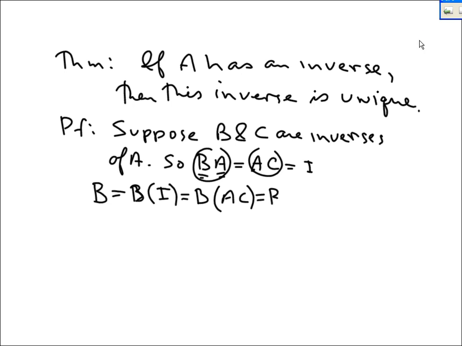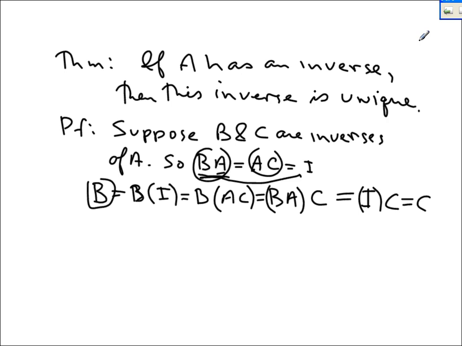This is equal to BA times the matrix C. But you know what? BA is identity. So now you have the identity times the matrix C, which is matrix C. That is B equals C. And that's the end of the theorem.